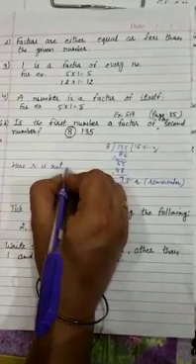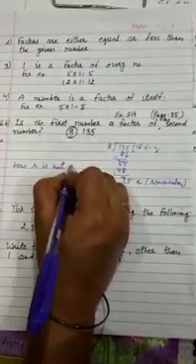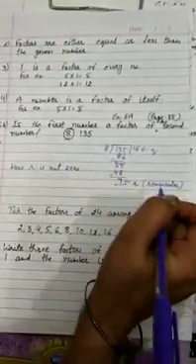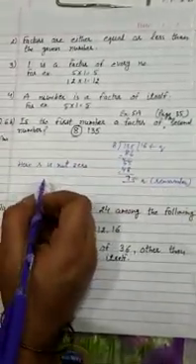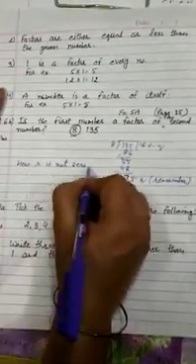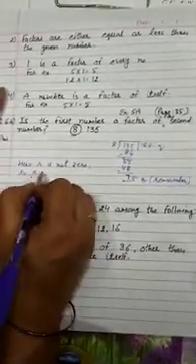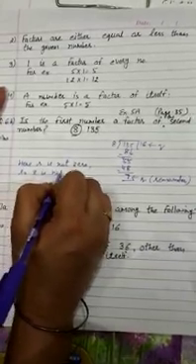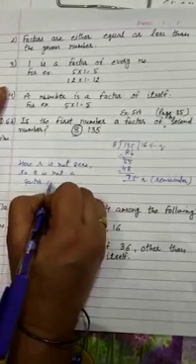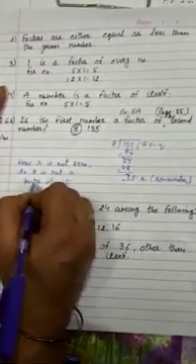Now the remainder is not 0, because it is not completely divisible. So my remainder is other than 0. So 8 is not a factor of 135.